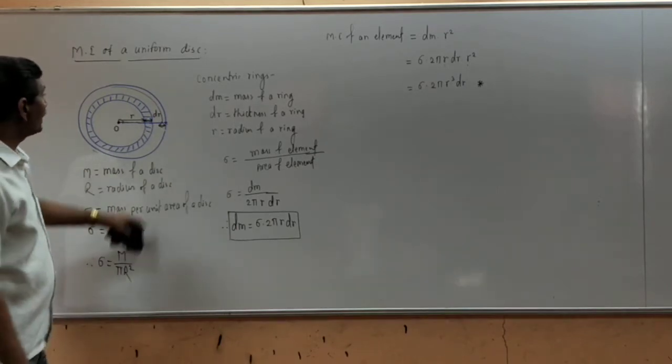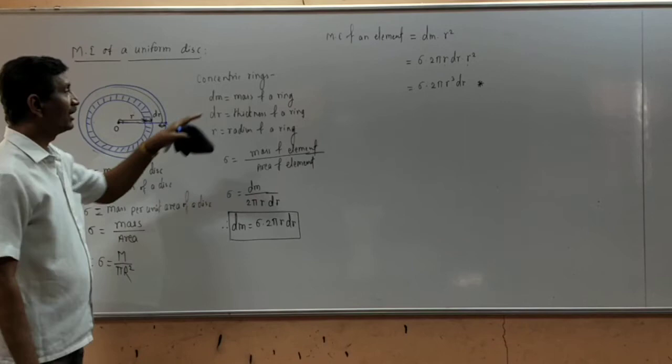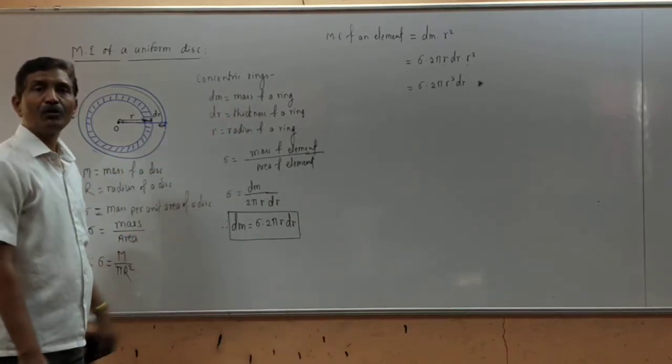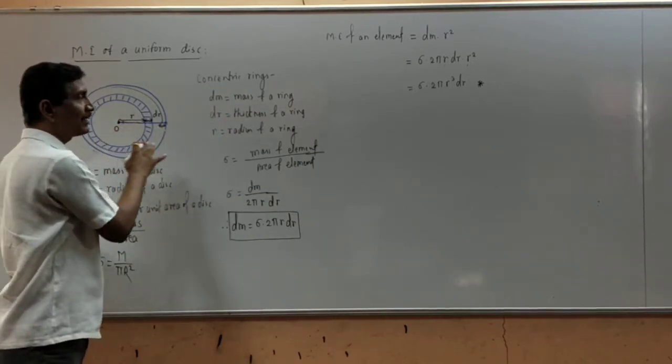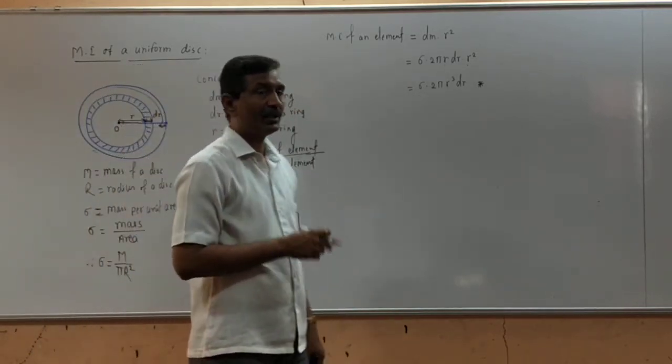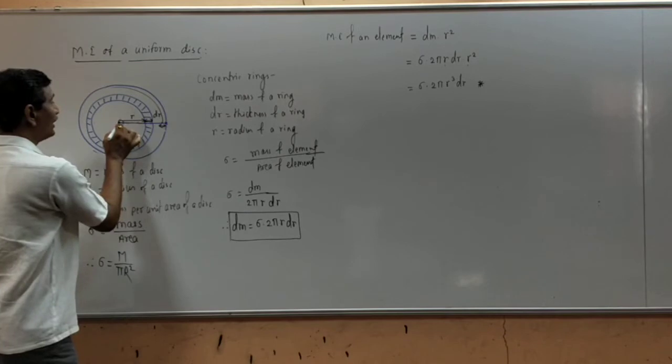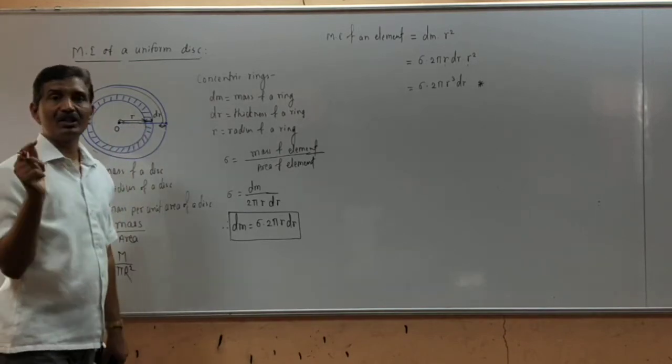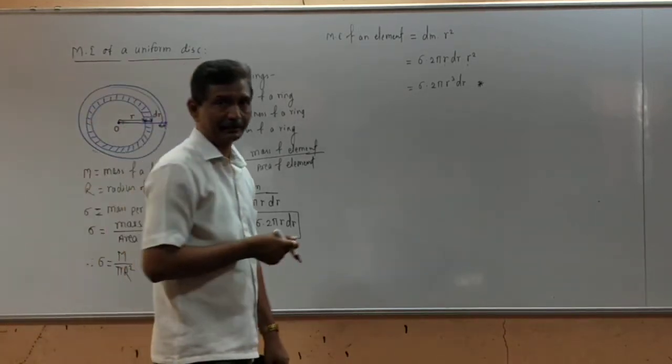So how will you determine the moment of inertia of the whole body? It is the addition of the moment of inertia of all the elements. For addition we use the method of integration. Here we use definite integration, that is, integration which possesses limits.